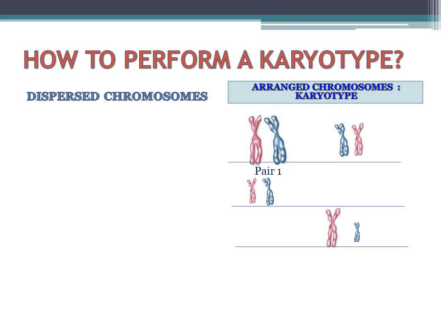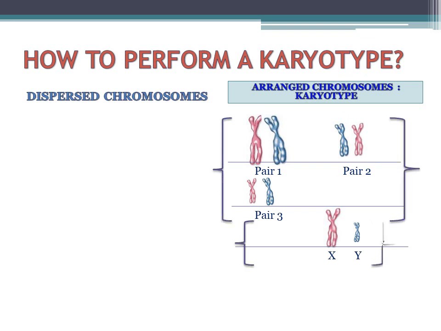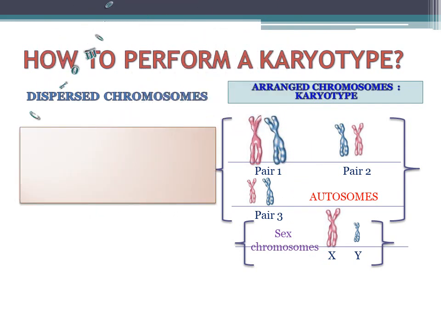So we have pairs 1, 2, and 3, and X and Y chromosomes. Pairs 1, 2, and 3 are called autosomes, while X and Y chromosomes are the sex chromosomes.